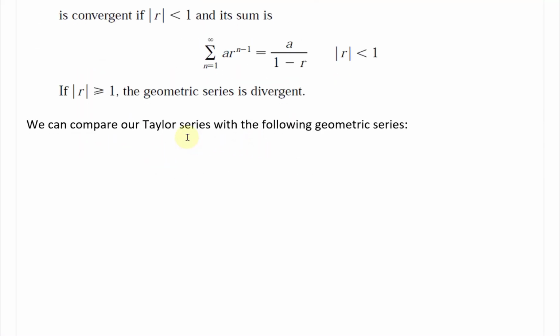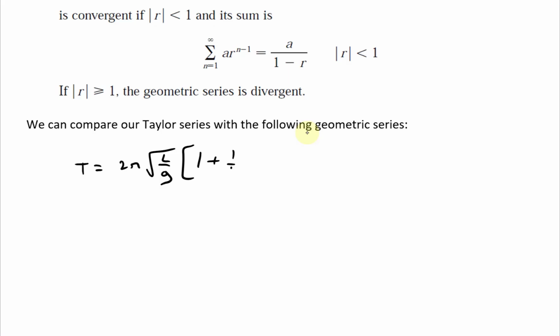So we can compare our Taylor series with the following geometric series. Let's write this down. T equals 2 pi square root of L over g, times our series for the period.